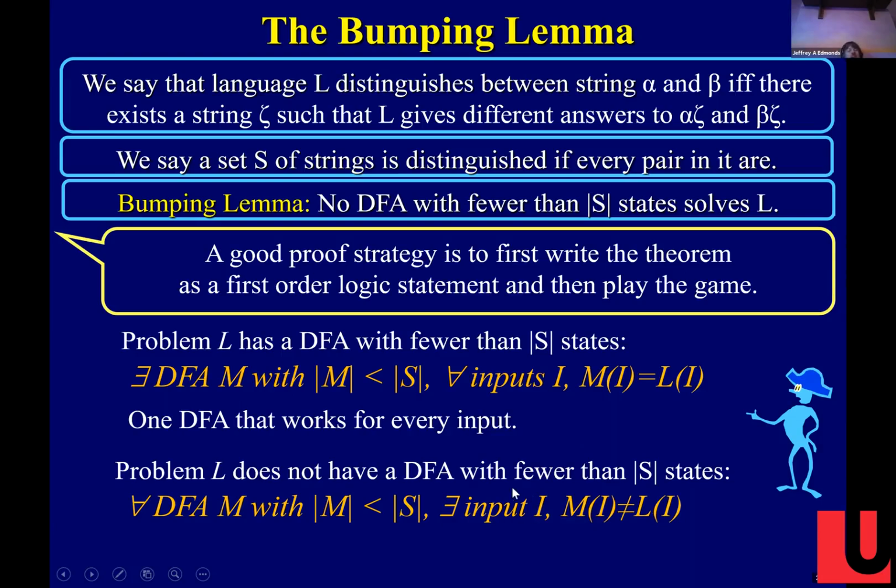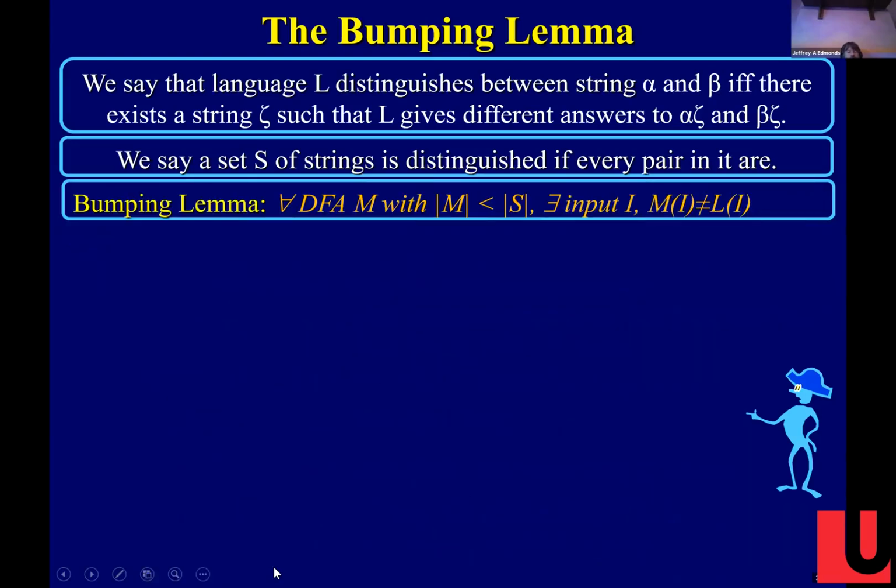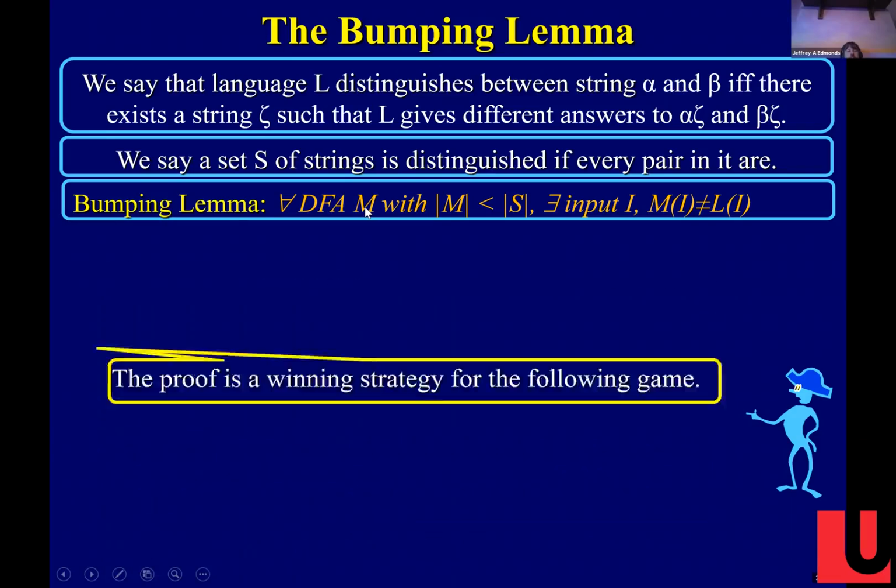Then I'm going to come up with an input and prove to you that your DFA on that input gives me the wrong answer. Does that make sense? We're saying for every DFA, there's an input on which it gives the wrong answer. So that's what our bumping lemma says.